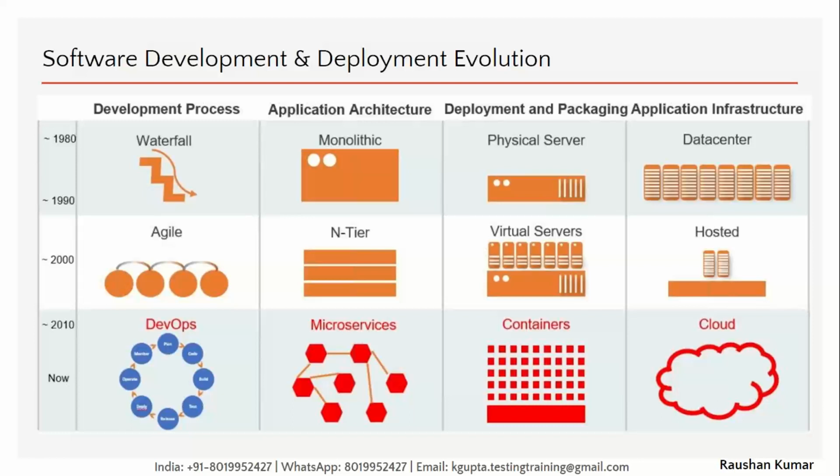Google has been using Kubernetes for the last 15 years, and that's how Google was able to scale to that many concurrent users, because of this container concept and the Kubernetes container orchestration engine.